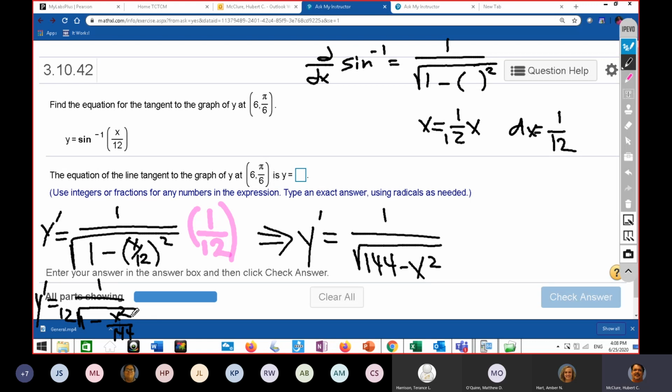So how can you rewrite 12 as a radical? Square root of 144. So y prime is equal to 1 over the square root of 144 times the square root of 1 minus x squared over 144. And when you get through with that, you have that.